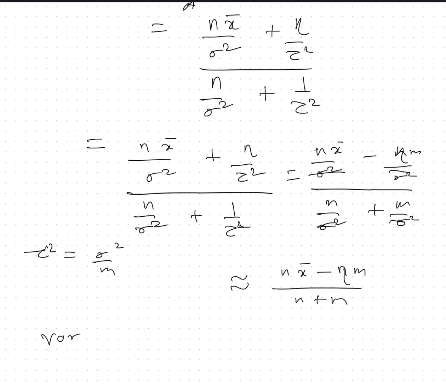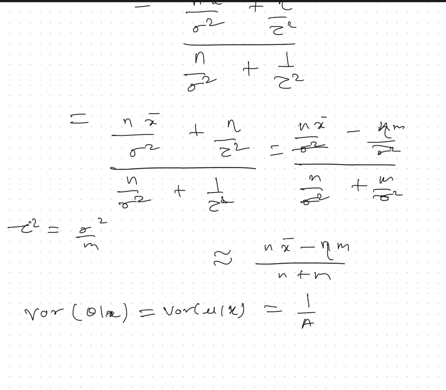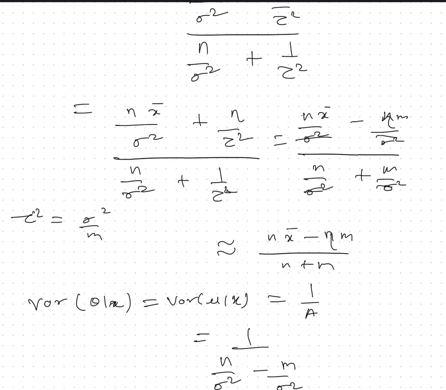Similarly, our variance, that is variance of theta given x, where theta is mu, so you can write this as variance of mu given x, which was simply given as 1 upon a from our distribution. So we can write this as 1 upon n upon sigma square plus m upon sigma square, directly substituting tau square as sigma square upon m.